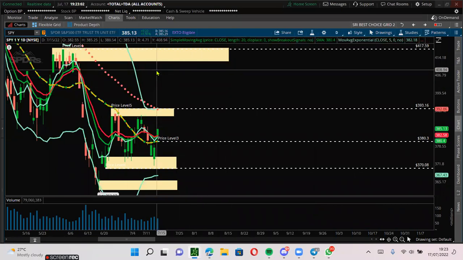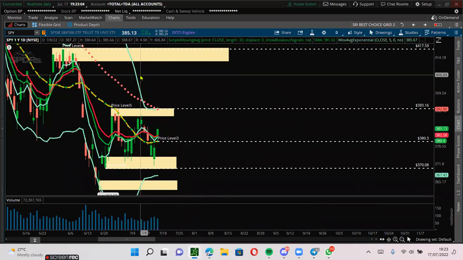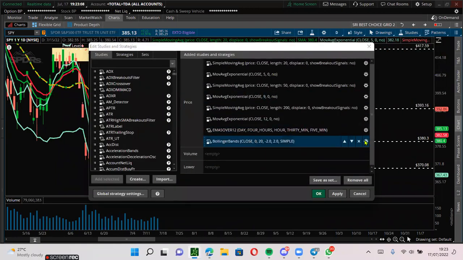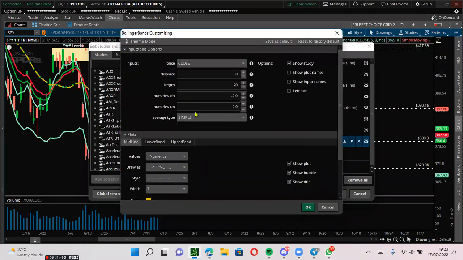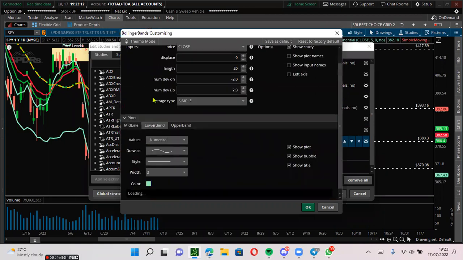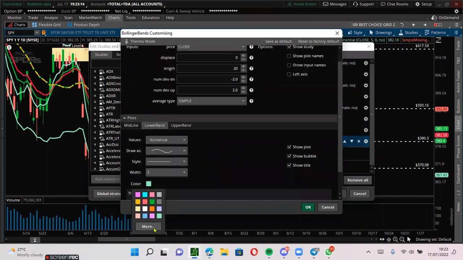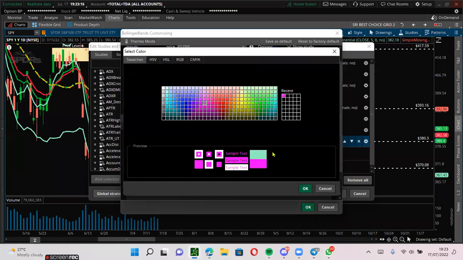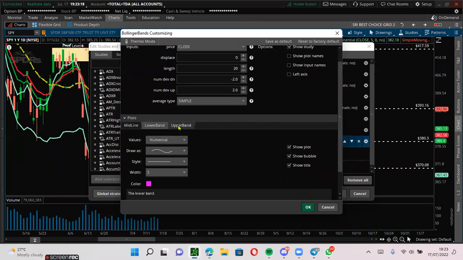Okay, so I added the Bollinger Band. I'll change the color, just give it a pink color.